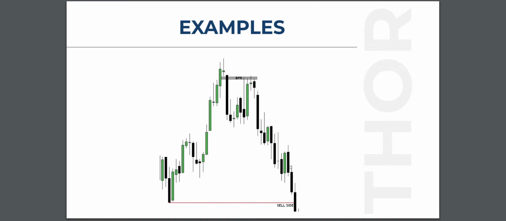A couple examples here. So there's a BC here, then a CB. The overlapping area is BPR, our balanced price range, right? Price comes up to it, pulls back, right? Then use this zone as a catalyst to go seek sell side, right?